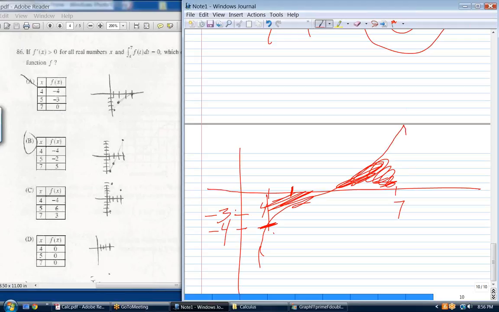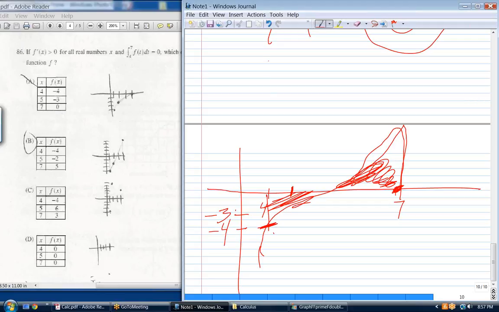Well, could this be correct? Could that be 0 right there? Not if f prime of x is greater than 0, because the only way I can make it 0 at 7 is if this function turns around and comes back down like that.